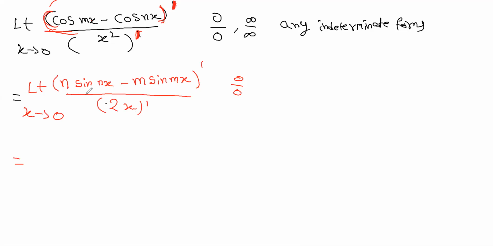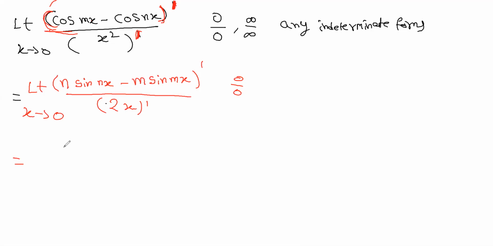We have to keep doing differentiation until it is not in indeterminate form. Now what is the differentiation of the numerator? It will be n cos nx.